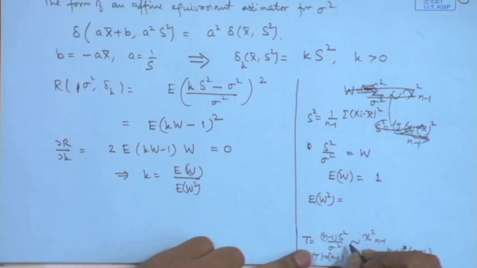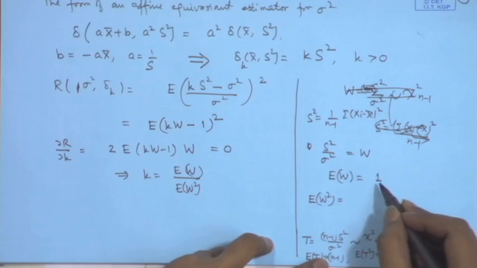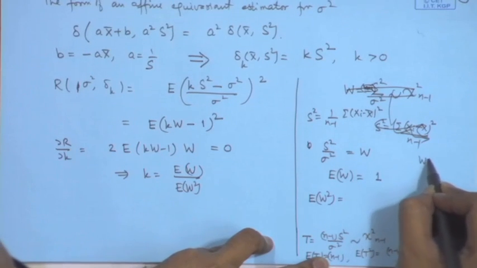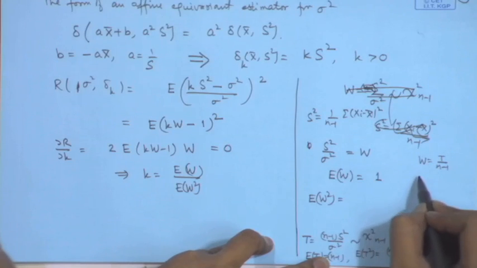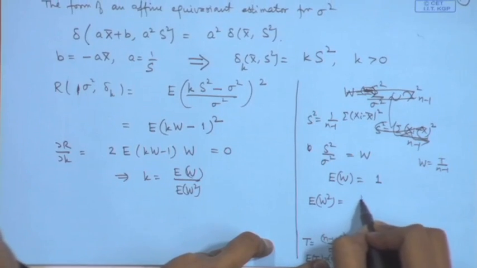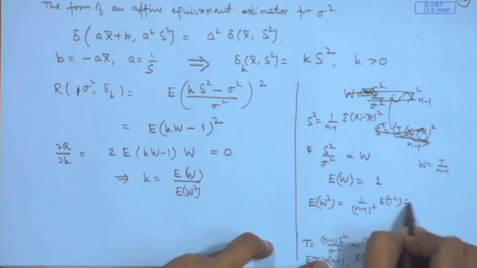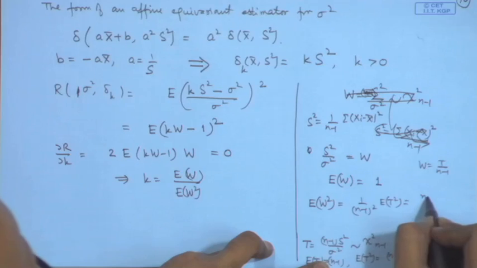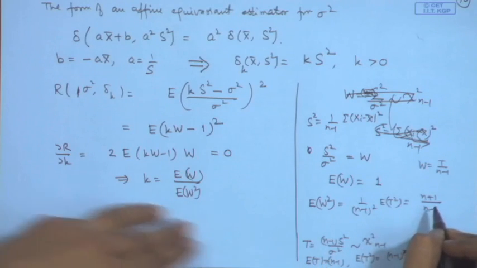So, because here W is equal to T by n minus 1, expectation of W square is 1 by n minus 1 square into expectation of T square. So, that gives us n plus 1 by n minus 1.